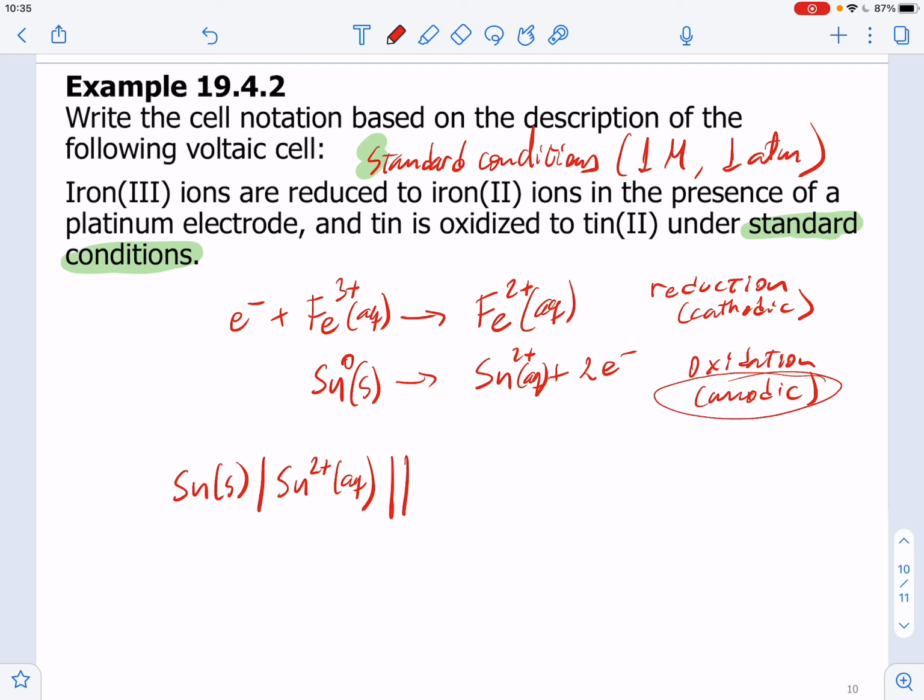Now what we have in solution, both of these are in solution. So technically what you have in that solution is iron 3 plus and iron 2 plus. So you separate them with a comma. Okay, but then what is the electrode?